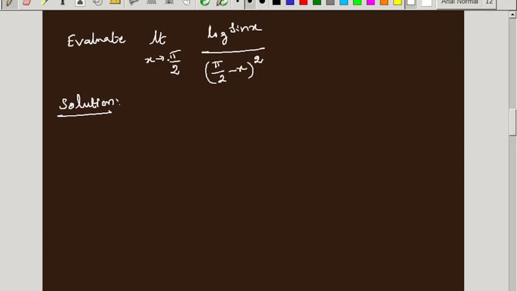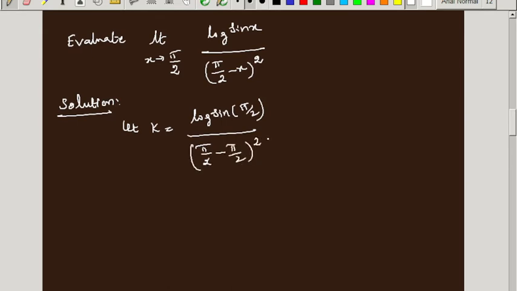So evaluate limit x tends to pi by 2 log sin x dividing by pi by 2 minus x whole square. So here we consider this question is nothing but k, and we substitute pi by 2 here, log sine of pi by 2 dividing by pi by 2 minus x is nothing but pi by 2 whole square.